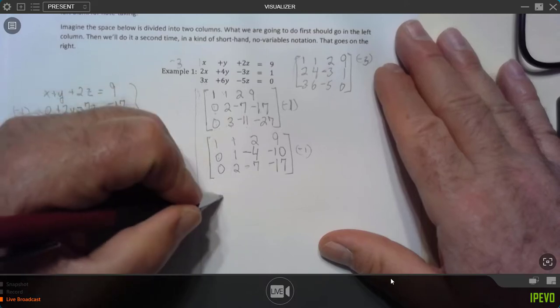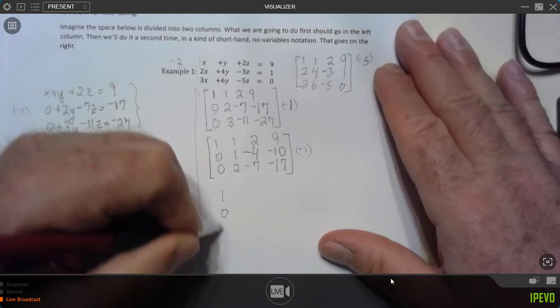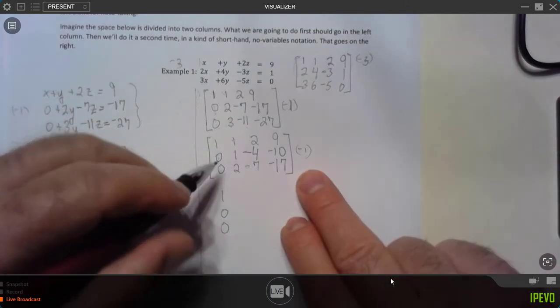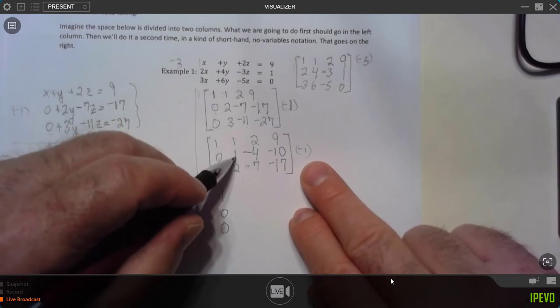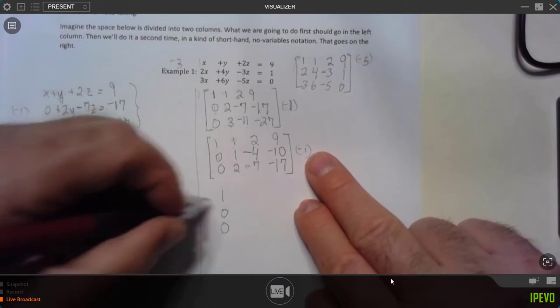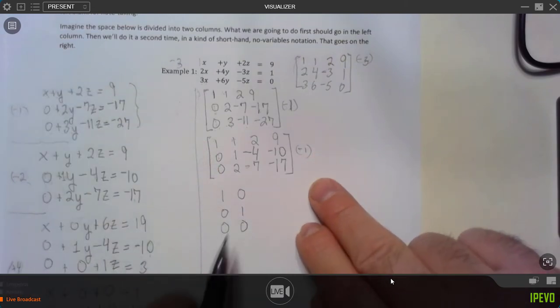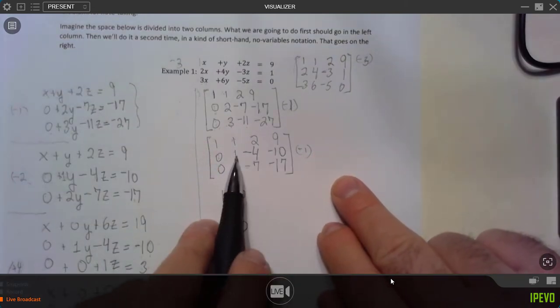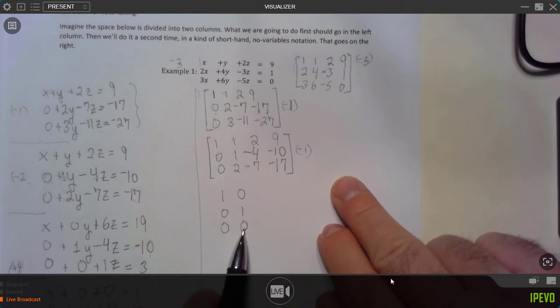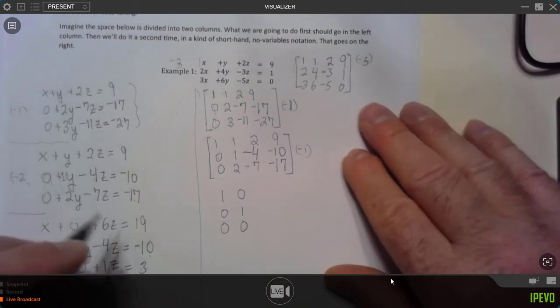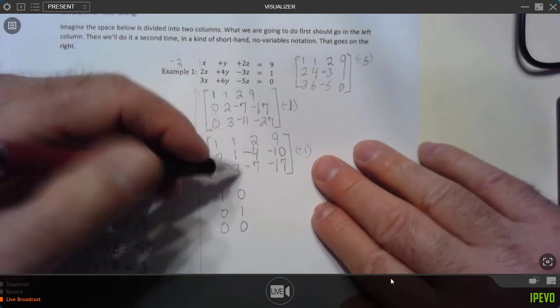So that first column will not change. But the rest of it we need to pay attention. Minus 1 plus 1, of course, is 0. That's why we're doing that. And eventually we're going to take minus 2 times this row added down here to get a 0 there. So we actually know what the first two columns are going to look like before we start.